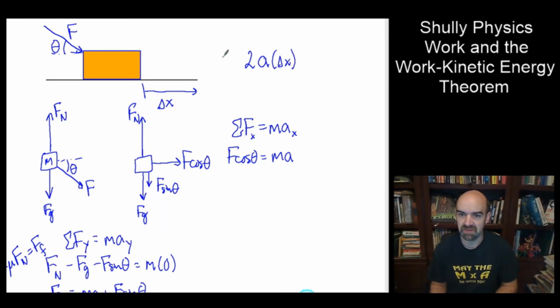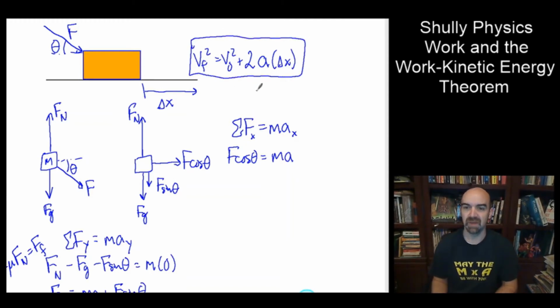We get the delta x involved there, and that's final velocity squared equals initial velocity squared plus 2a delta x. So if you recall this equation of straight line motion, we start with that one, but let's rearrange it. Let's solve for acceleration. If we subtract initial velocity squared from both sides, we end up with final velocity squared minus initial velocity squared, and then divide by 2 delta x, and that will give us the acceleration.